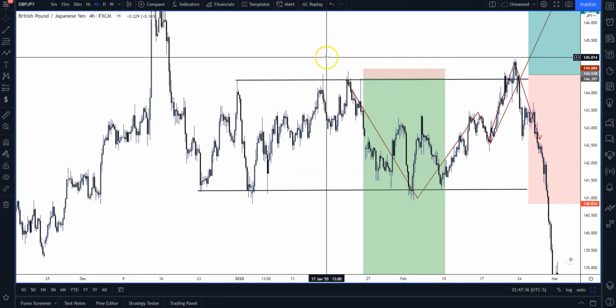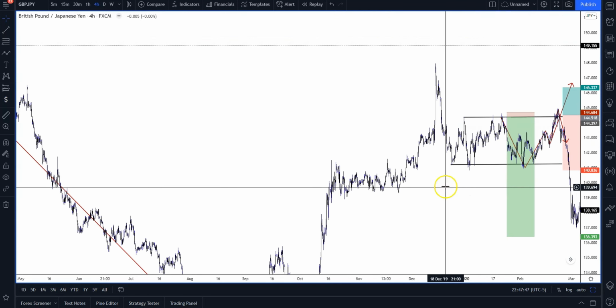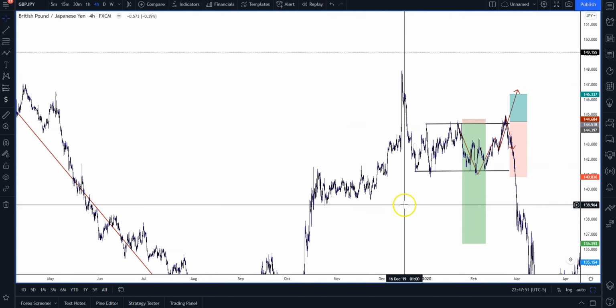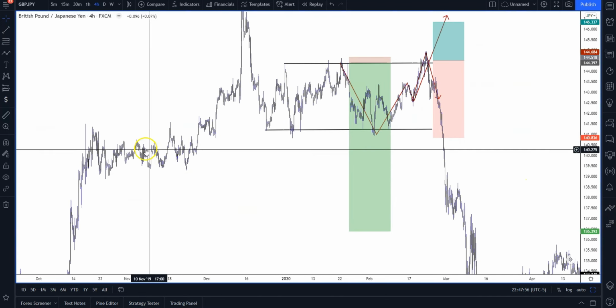So this is why a lot of people do not recommend trading consolidation and accumulation and distribution. They don't recommend trading it because you never know what's going to happen. Now the difference is, when I keep saying accumulation, distribution, this is the difference.